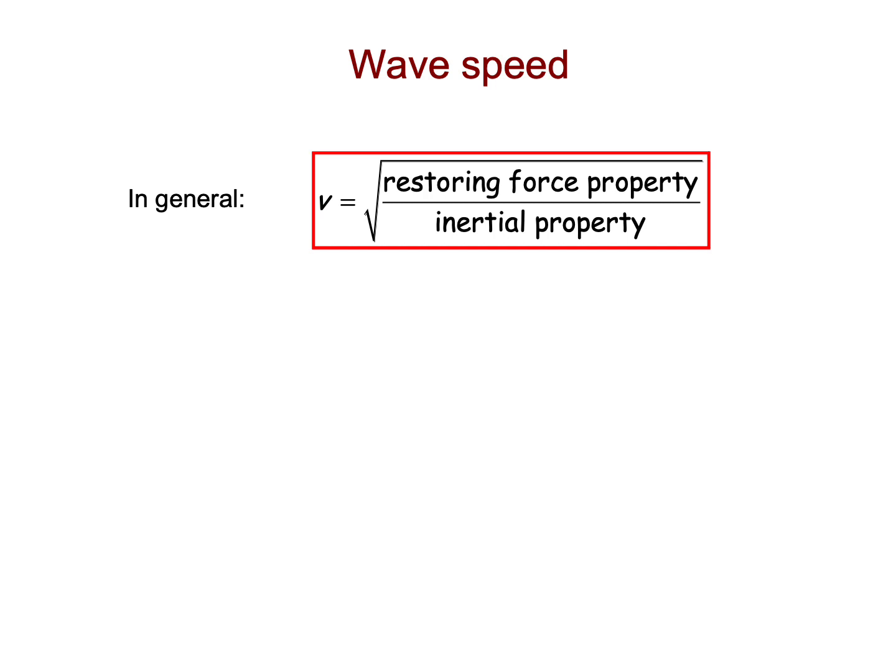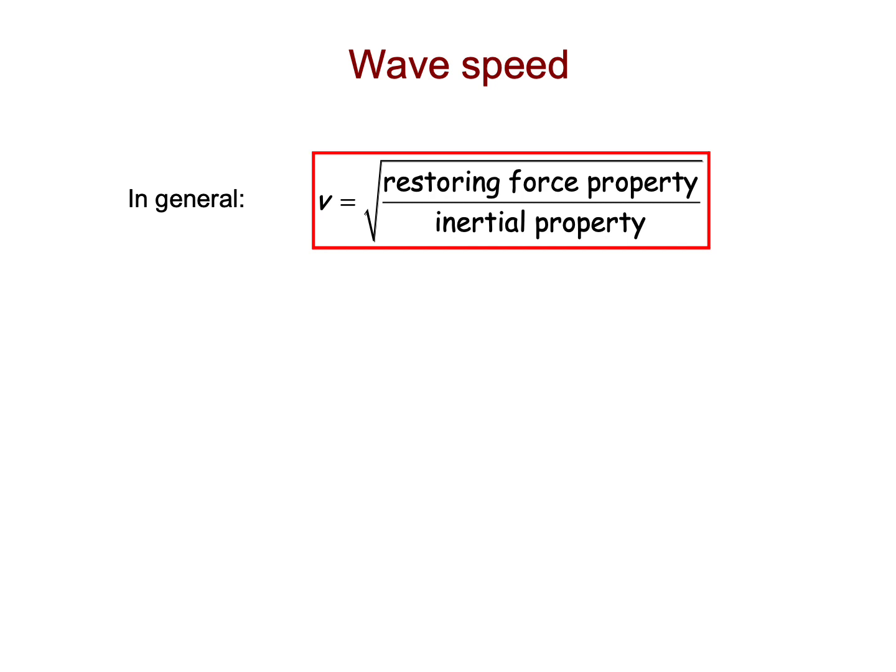And this really brings us to sort of the general picture of what the anatomy of the velocity of a wave looks like. It's in the form of the square root of some restoring force property. In the case of the string, it's the tension. In the case of air, it's the bulk modulus, divided by an inertial property, which is sort of how much inertial stuff there is per unit of the space in which that wave is propagating.